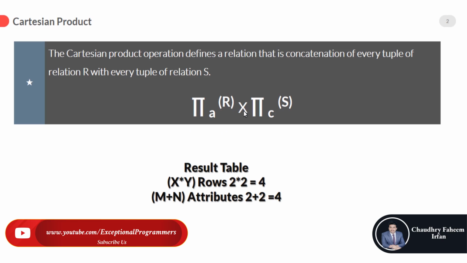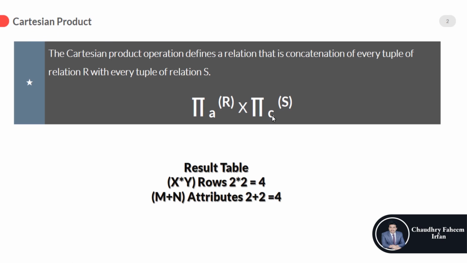The cross symbol indicates the Cartesian product operation. So again, projection pi C means that we are going to select the C attribute from the S relation. Here the relation name is S.